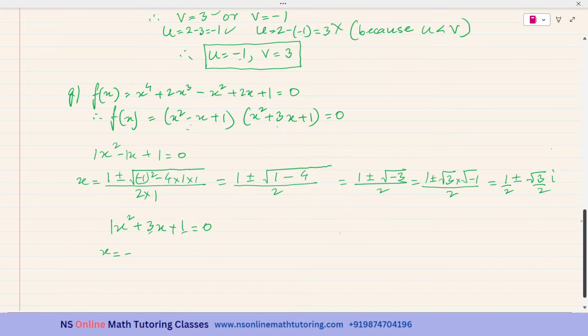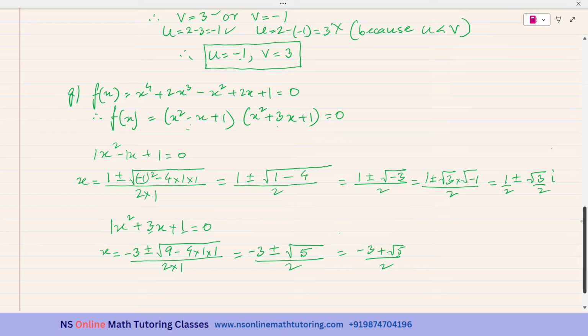So minus B plus minus square root of B square, which is 9, minus 4 times 1 times 1, 4AC, over 2 times 1, equal to minus 3 plus minus square root of 9 minus 4, which is 5, over 2. So this is minus 3 plus root 5 over 2, and minus 3 minus root 5 over 2.